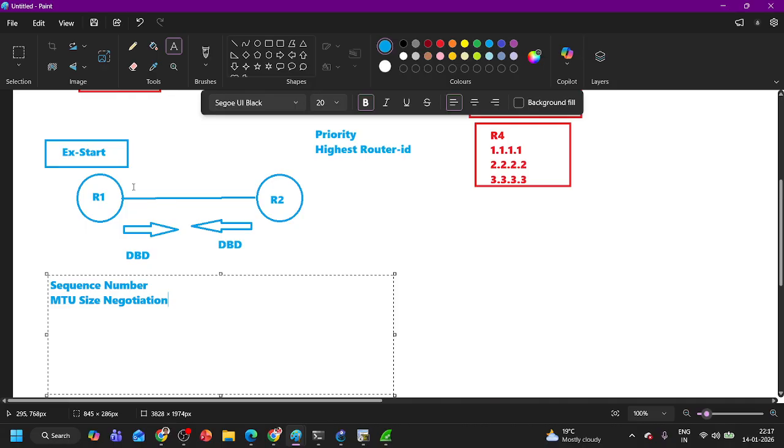So to avoid the flapping, we can set the same MTU size, and that's why OSPF checks MTU size in ExStart state. If you want to, you can ignore it, but by default OSPF checks MTU size, and if MTU size is not the same, then neighborship will get stuck in which state?